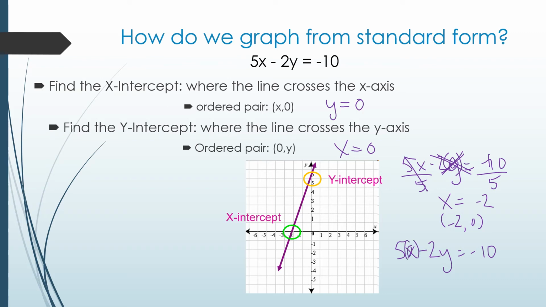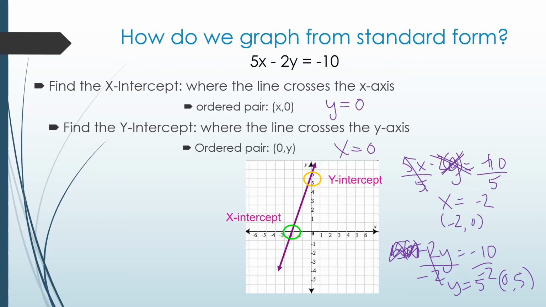I have nothing to do with the x, so this is gone, and now I want to solve for y. I divide by negative 2, and I get y equals 5. So the ordered pair for my y-intercept would be 0, 5. And again, if you look on my graph, if I plot 0, that means I don't go anything left or right, and then I go up 5, and that is the y-intercept on the graph, circled in yellow.